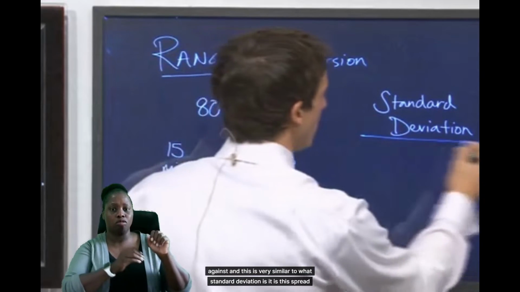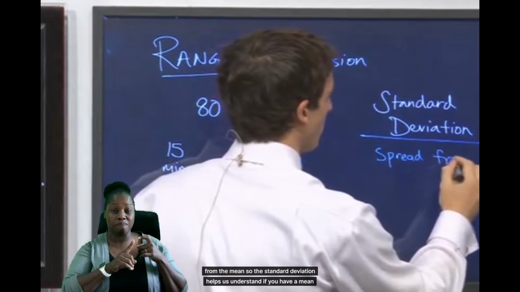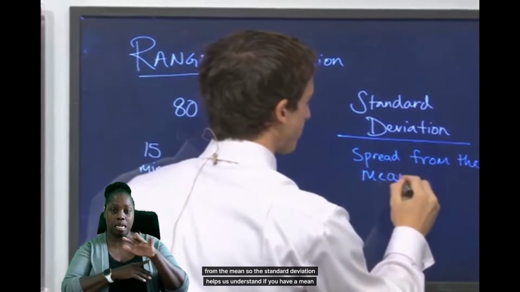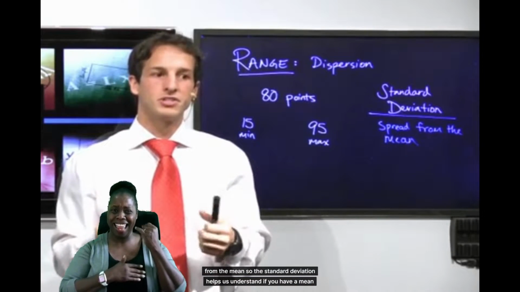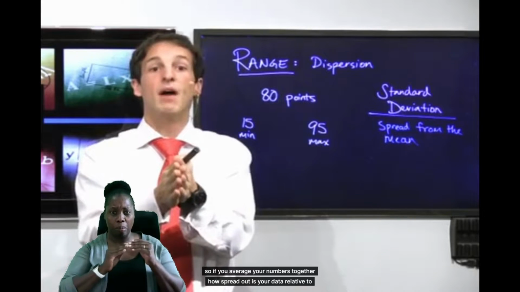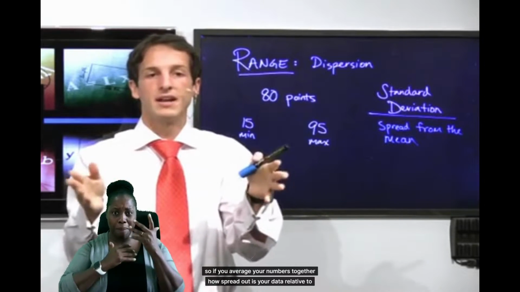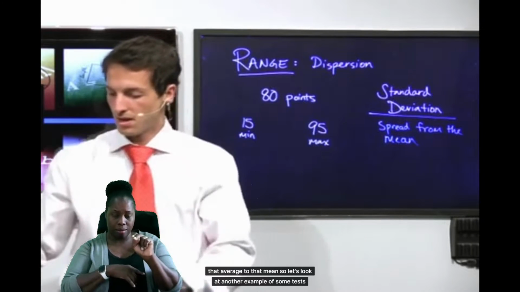It is the spread from the mean. So the standard deviation helps us understand, if you have a mean, so if you average your numbers together, how spread out is your data relative to that average, to that mean.